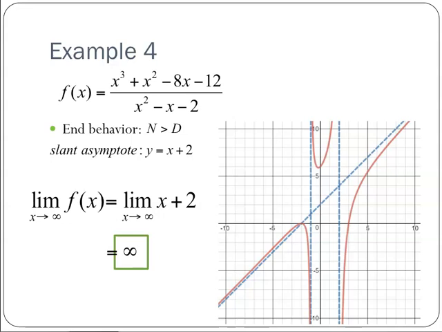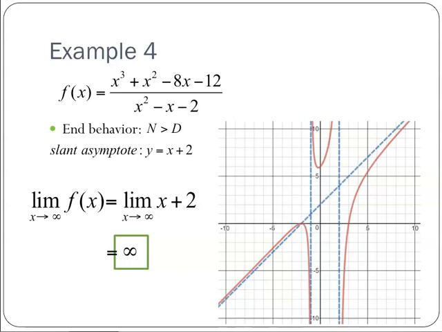As x gets larger and larger, what happens to your y value? It still gets larger and larger. Because this is a slant asymptote and not a horizontal asymptote, it's not going to approach a specific value. But with slant asymptotes, it's not always going to be infinity. For example, if the slant asymptote was y equals negative x plus 2, then it would be approaching negative infinity.